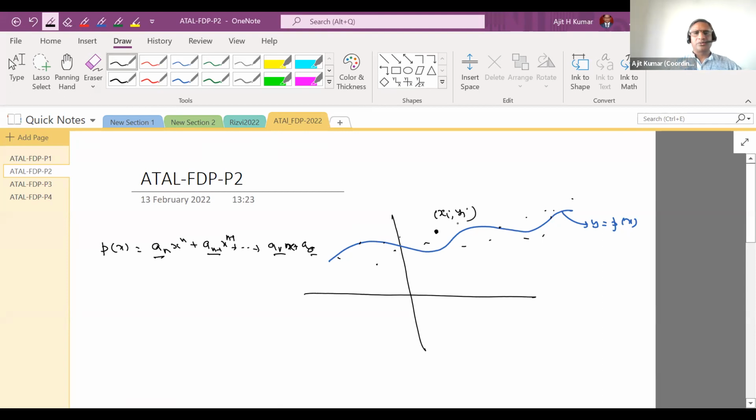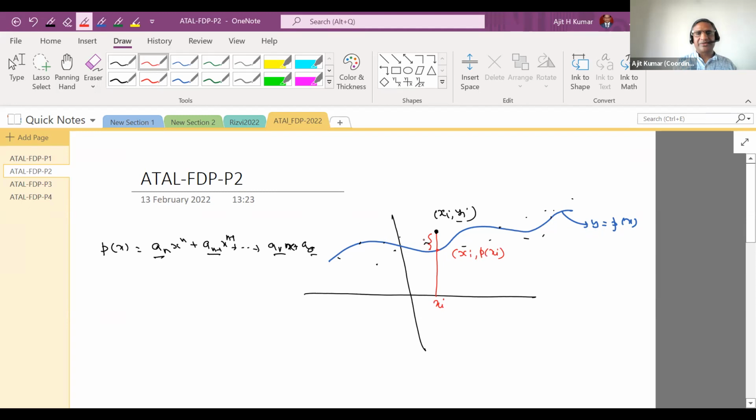You have done some experiment and got output yi at the input xi. If this model p(x) passes through all my experimental points, then this point would have been here. What is the coordinate of this? This is my xi, p(xi).